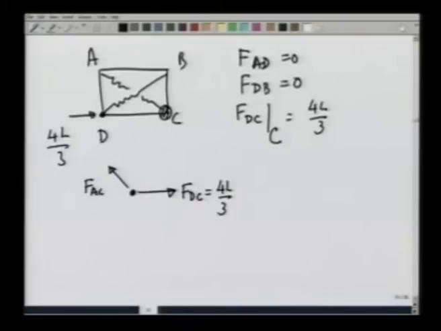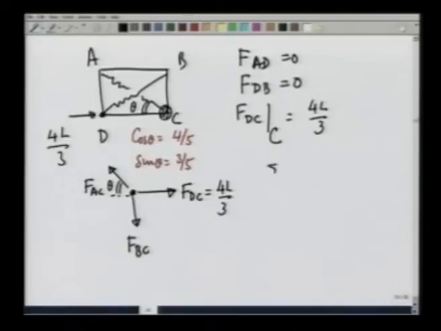That means the AC rope is under tension, and remember again, AC is a rope, so it can support only tension, no compressive force, and there is going to be a force FBC. This angle is, let us say, theta. Cosine of theta is 4/5 and sine of theta is 3/5.